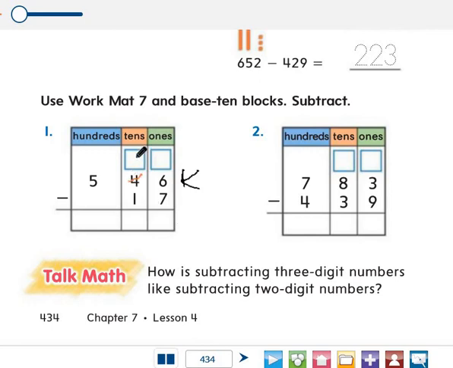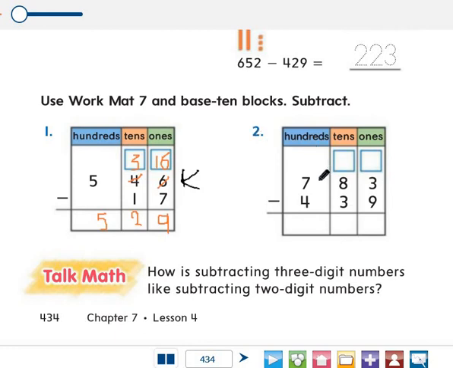So this 4 is going to be 3. And this 6 is going to be 16. So now 16 minus 7 equals 9. Great job, grade 2. 3 minus 1 equals 2. And 5 minus nothing equals 5. So the answer is 529.